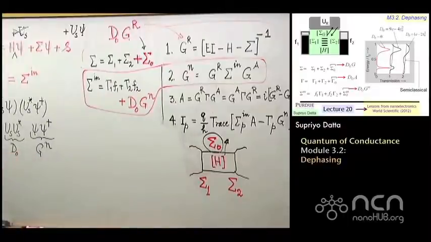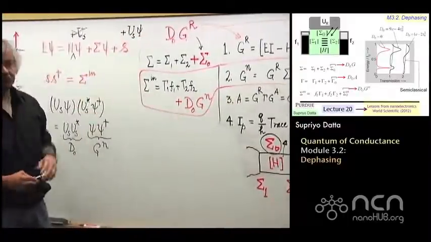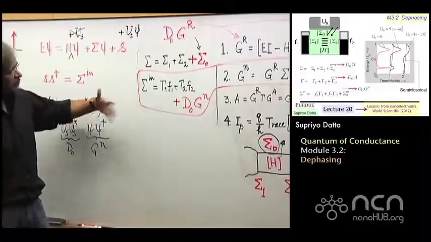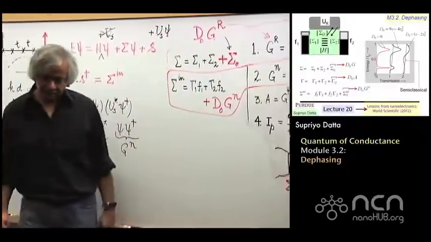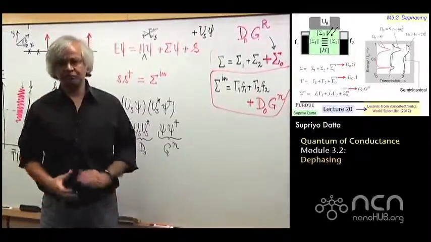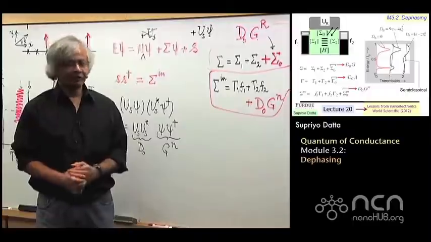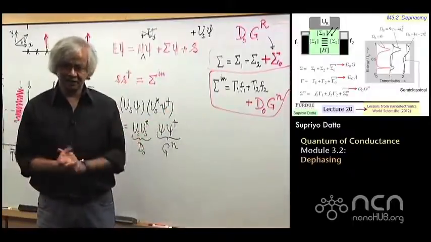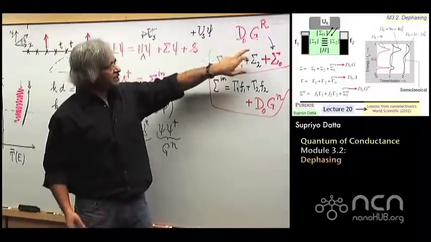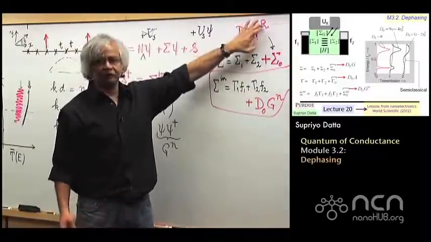So overall then, this is the basic method that one could use to include dephasing into these models. Now, of course, there are other numerical issues that one may have to think about when trying to implement this in a real device model. For example, in order to use this, you need the entire full Green's function.